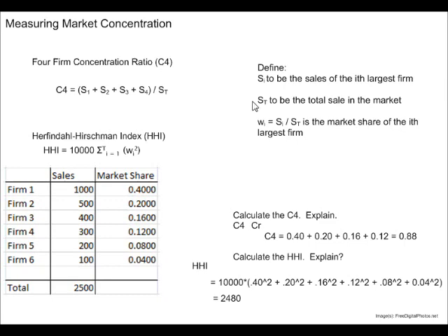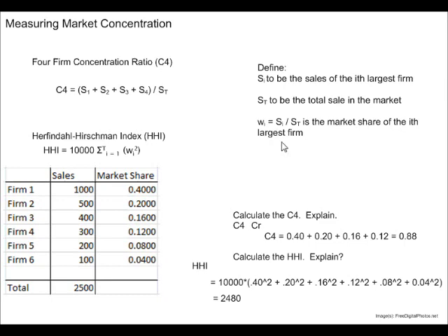ST is equal to the total sales in the market, right? So we're taking the sales of the top four largest firms and dividing them by the total sales in the industry. The C4 is going to tell us what percentage of sales come from the top four firms in the market. We can do a little bit of algebra, and if we redefine Wi to be equal to Si divided by ST, then what Wi represents is the market share.